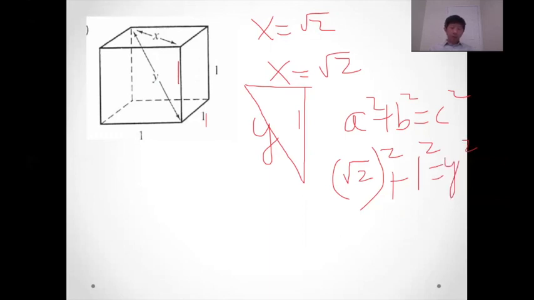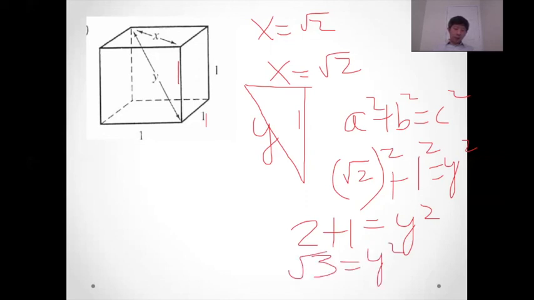All right, so now it'll be 2 plus 1 equals y square. Now here 3 is equal to y square. Take a square root of both. Y equals square root of 3, right? So we have square root of 3 for this, right?